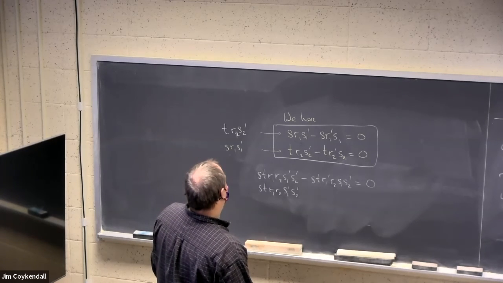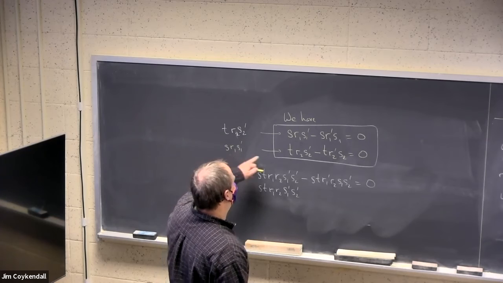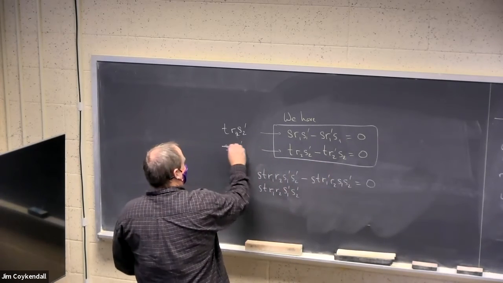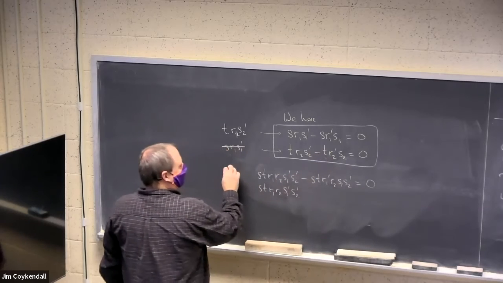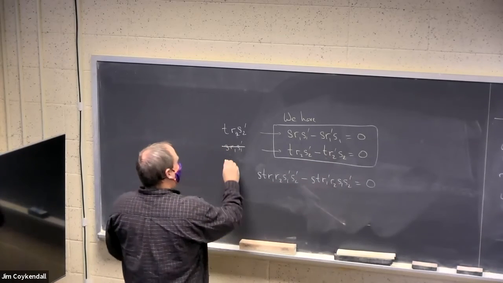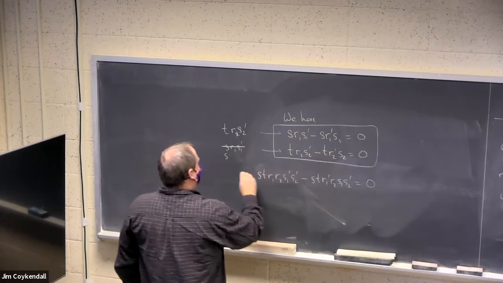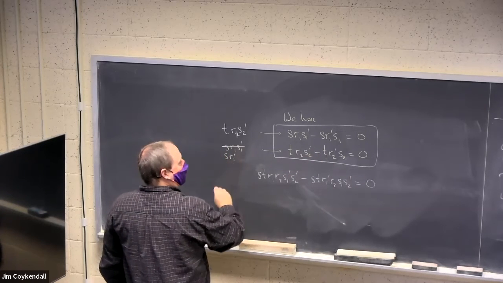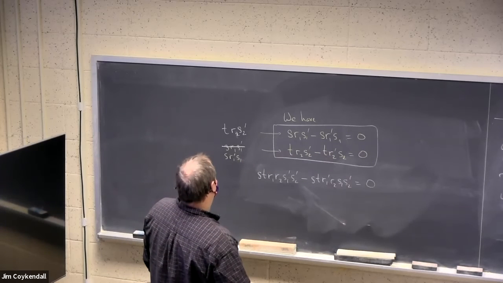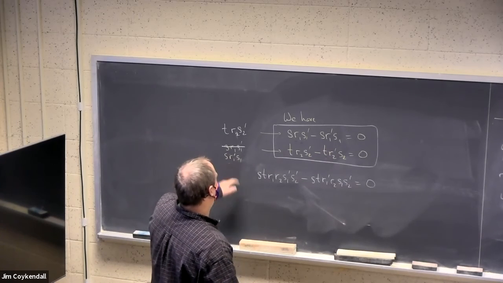Well, actually, I wasn't thinking properly about this, because I think what I need to do is make this one match up. So let's try again. Let's go on this one, S R1 prime, S1. Yeah, that makes more sense.